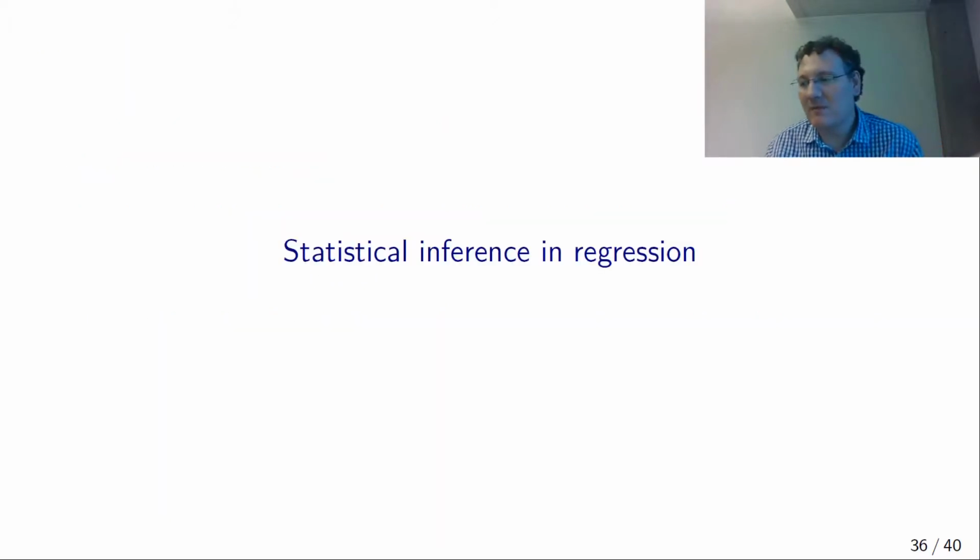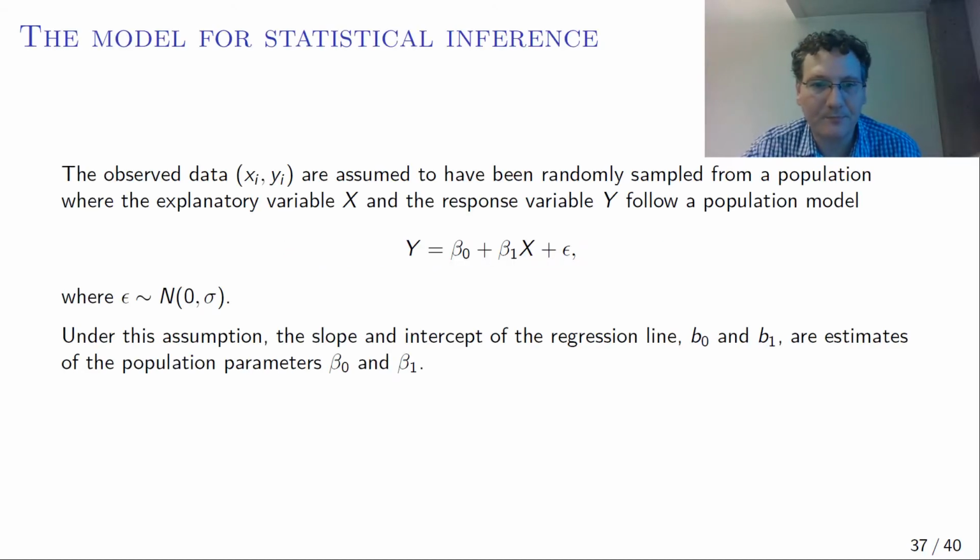Okay, so we'll look at some of the types of statistical inference that we can do with regression. Because we're trying to estimate beta 0 and beta 1 using our linear model, B0 and B1, one question we want to ask is: is there enough evidence from the data to really justify using a linear model?